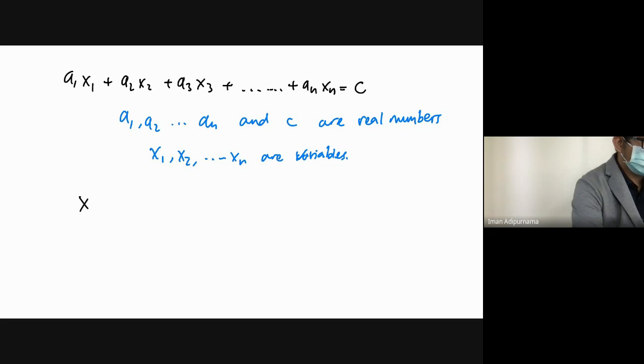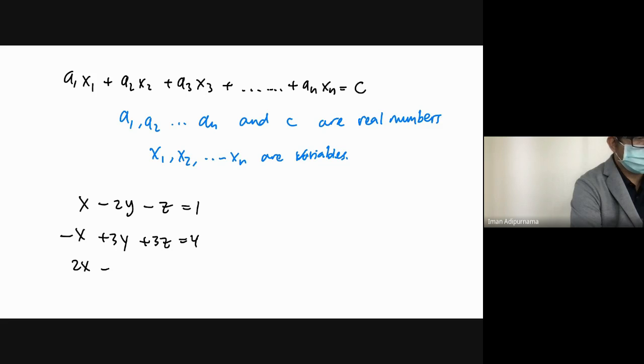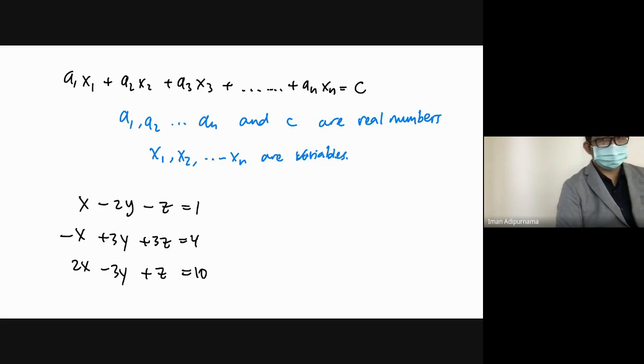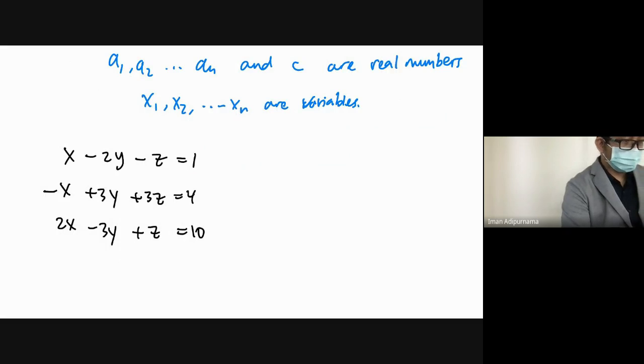If we look at x minus 2y minus z equals 1, minus x plus 3y plus 3z equals 4, and 2x minus 3y plus z equals 10, we can solve this.